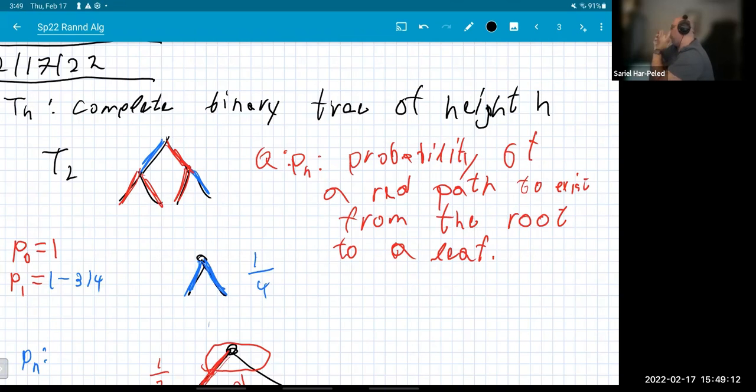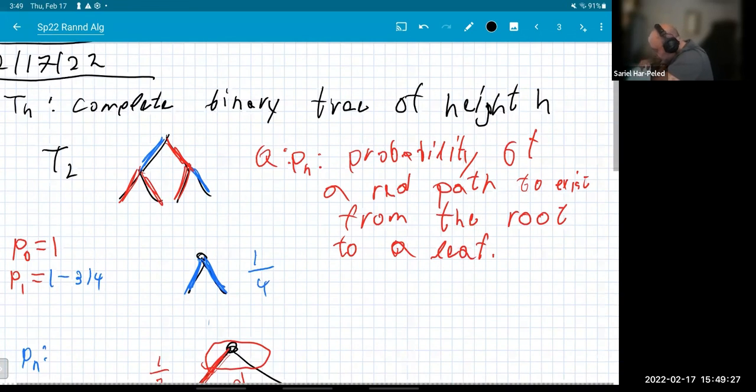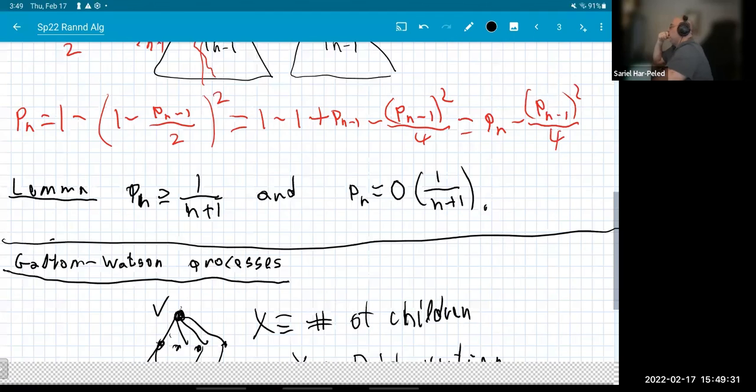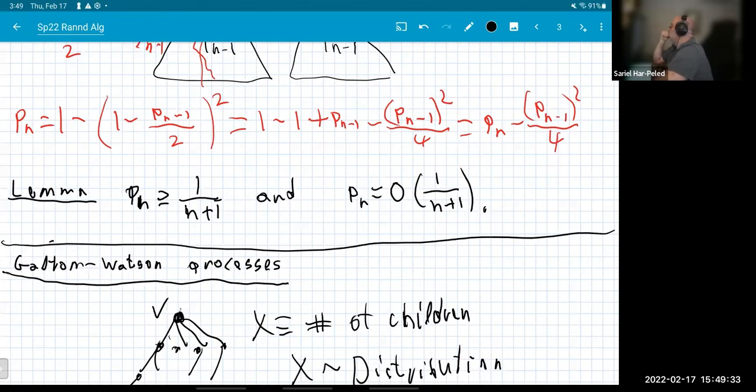So the expected number of children is 1, and this is indeed the case that the probability of infinite tree is 0, and that's in fact what the lemma shows, right? The lemma tells you that this probability goes to 0 with h. It doesn't go to 0 too quickly, but it goes to 0.